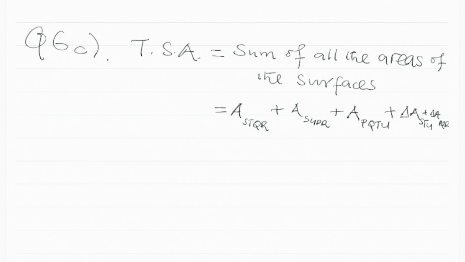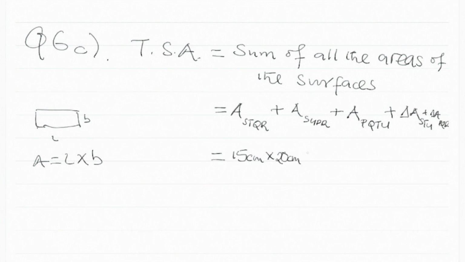So we'll start by first finding the area of the rectangle STQR. Given a rectangle which has the length and the breadth, the area is equal to L times B. So the length is 15 centimeter on QR, times 20, which is on RS.